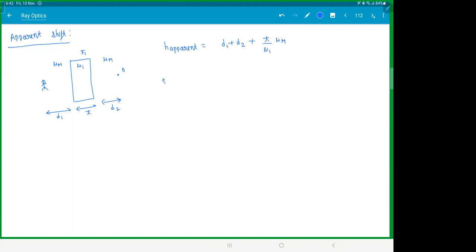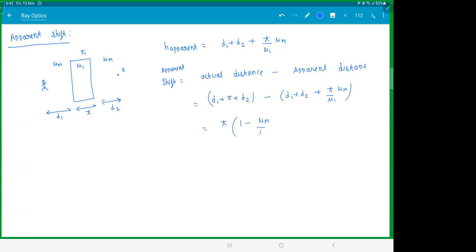So the shift will be actual distance minus apparent distance. That would be D1 plus T plus D2 minus D1 plus D2 plus T by mu1 mu medium. If you take T common, 1 minus mu medium by mu1.